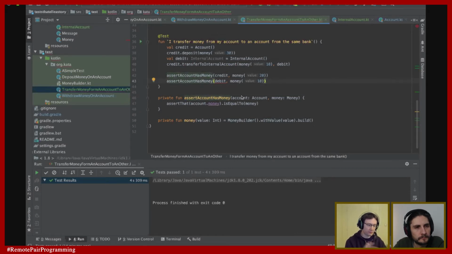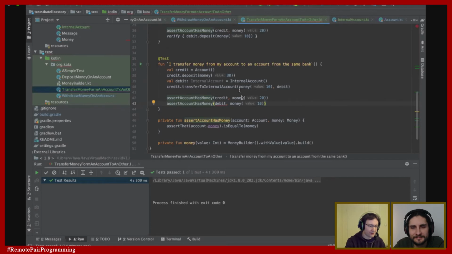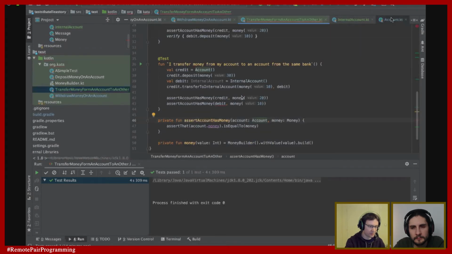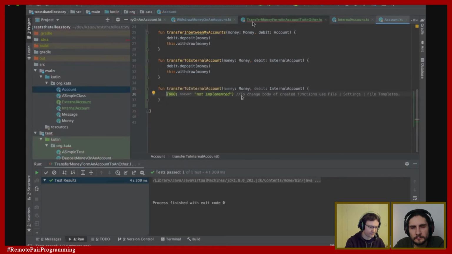Okay, we have many problems. First problem is we do not have a session for internal accounts, because internal account is not an account. Exactly. And second problem is that we have no implementation in our account.